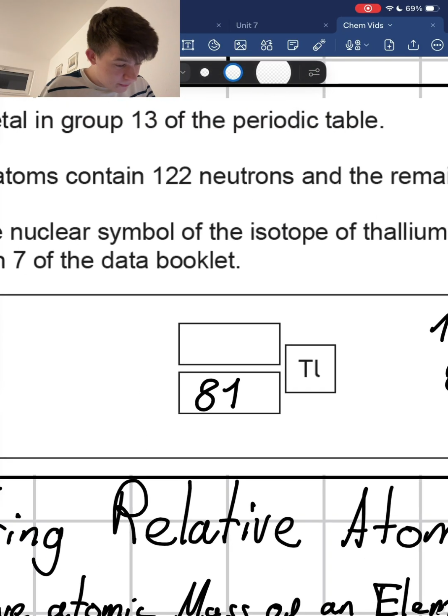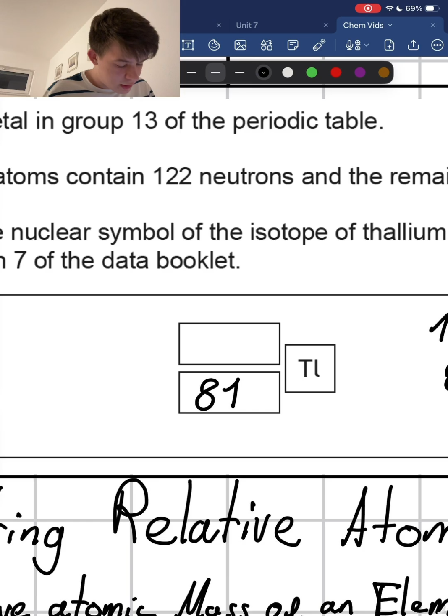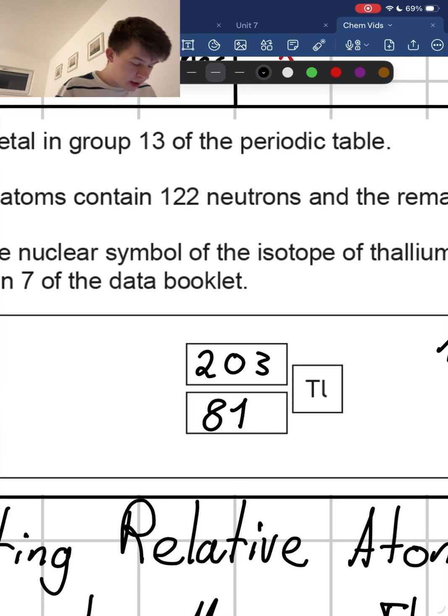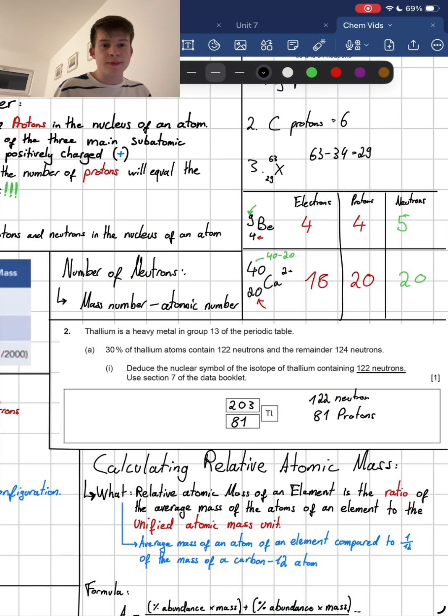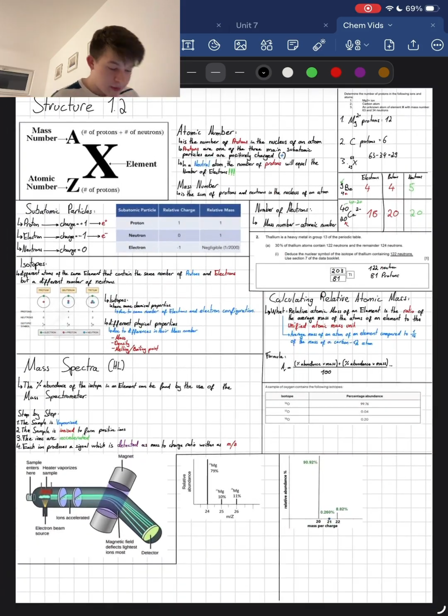So that means the mass number is going to be 203. Good. That was an easy point for our exam. Okay, so what we then need to know as well is what isotopes are.